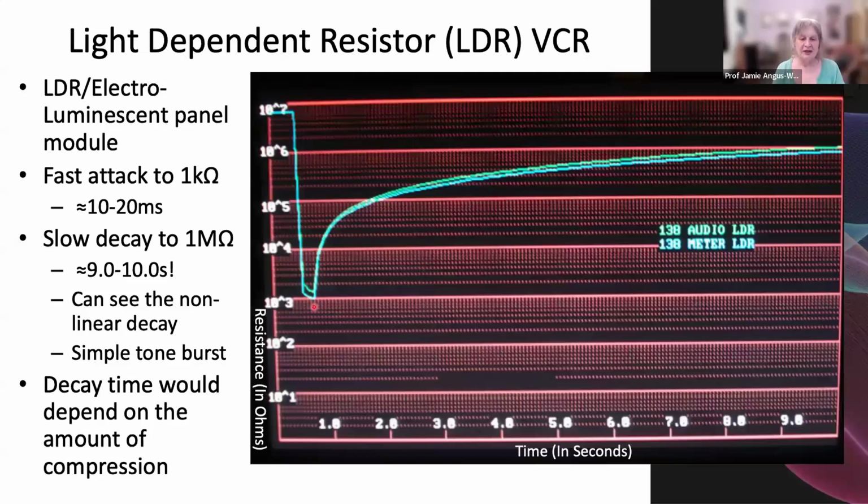And then when you stopped the light, there would be a rapid recovery to about 100K, and then a much slower recovery to around a megaohm, and then much slower recovery up to the 10 megaohm value. So you can see how the time varied, and the decay time would depend on the amount of compression.